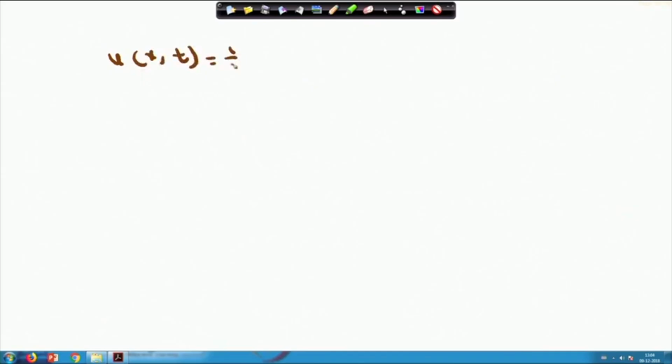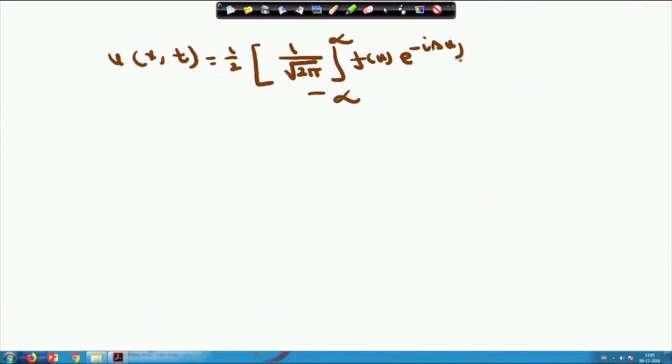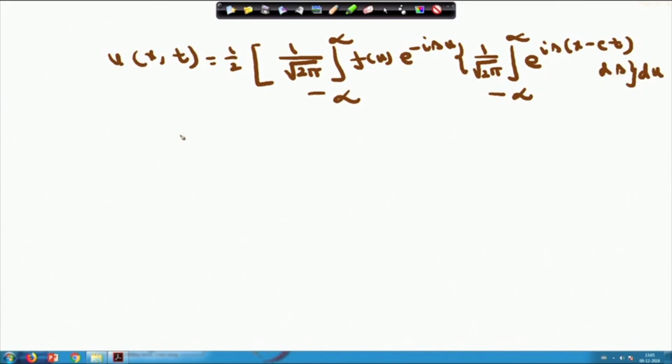Half into 1 by root over 2 pi integral from minus infinity to infinity f u into e power minus I s u into 1 by root over 2 pi integral from minus infinity to infinity e power, one term will be I s into x minus c t, into d s, and then d u will come, plus 1 by root 2 pi into integral from minus infinity to infinity f u e power minus I s u.